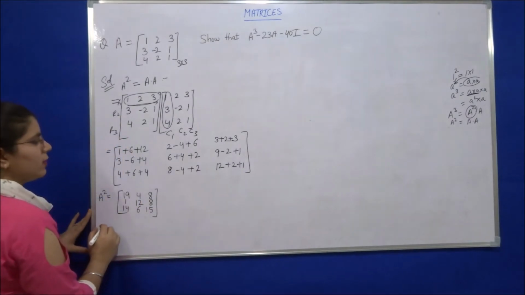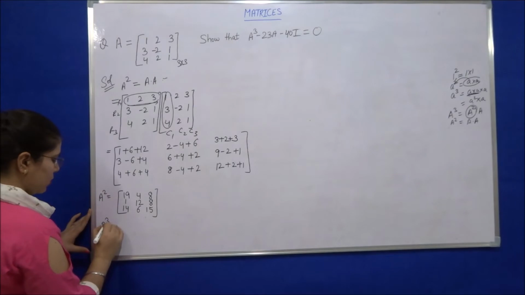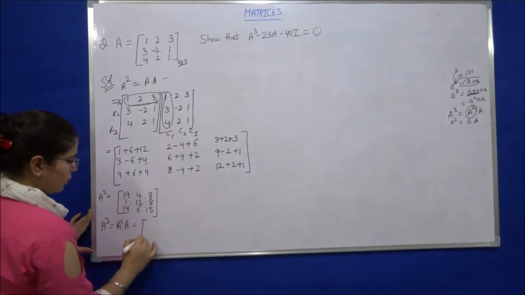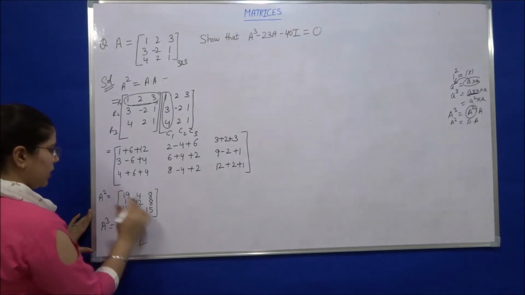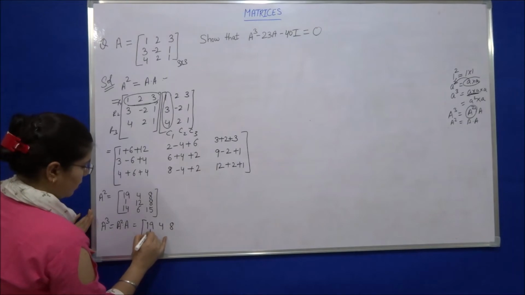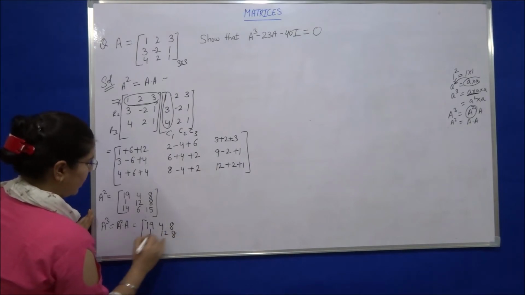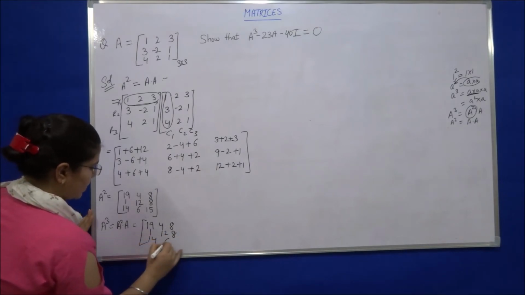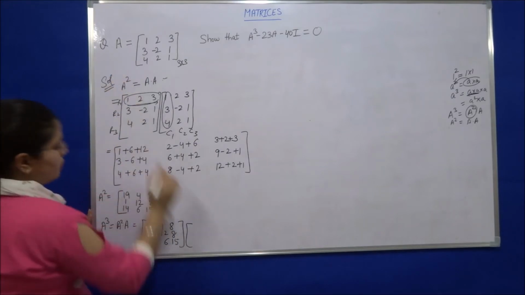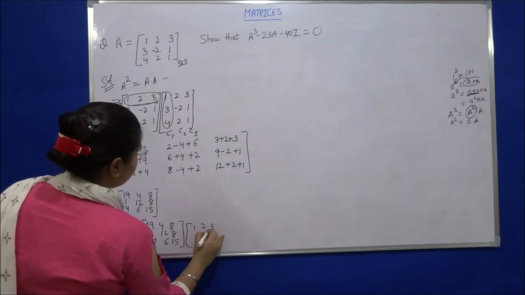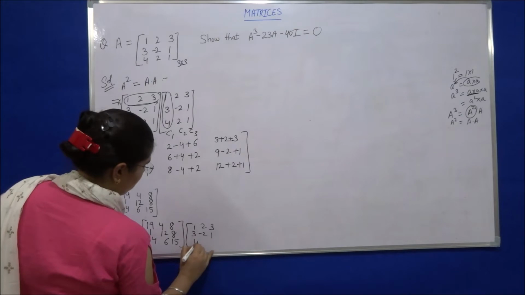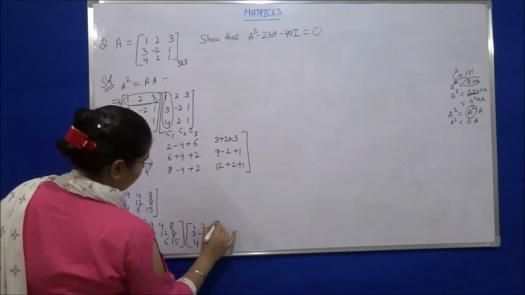Now we will find the value of A cubed. So A cubed will be A squared multiplied by A. So that will be equal to, A squared is given to us as [19, 4, 8; 1, 12, 8; 14, 6, 15], multiplied with the matrix A, that will be [1, 2, 3; 3, -2, 1; 4, 2, 1].